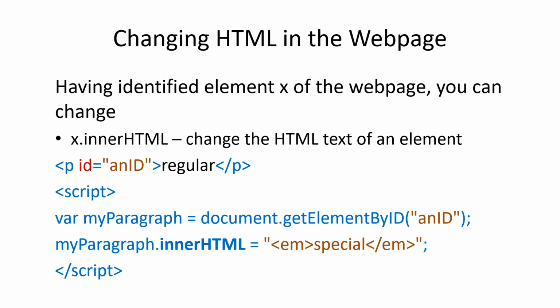And then we access the innerHTML property of that paragraph element, and we set it to a new value. In this case, I've set it to special. Notice I've also added some HTML tags to this. So previously we had just the word regular. The word special will be emphasized. EM is the emphasized tag, or bold.